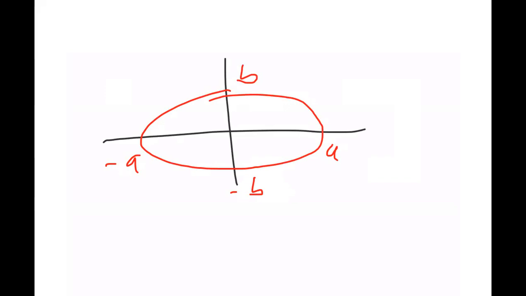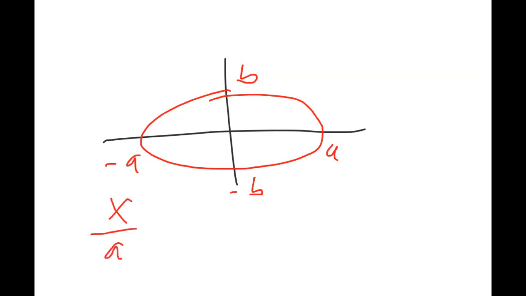X minus a squared plus y minus b squared. Nope. That would be the equation of a circle centered at (a, b). Nope. It's got to involve x's and y's.